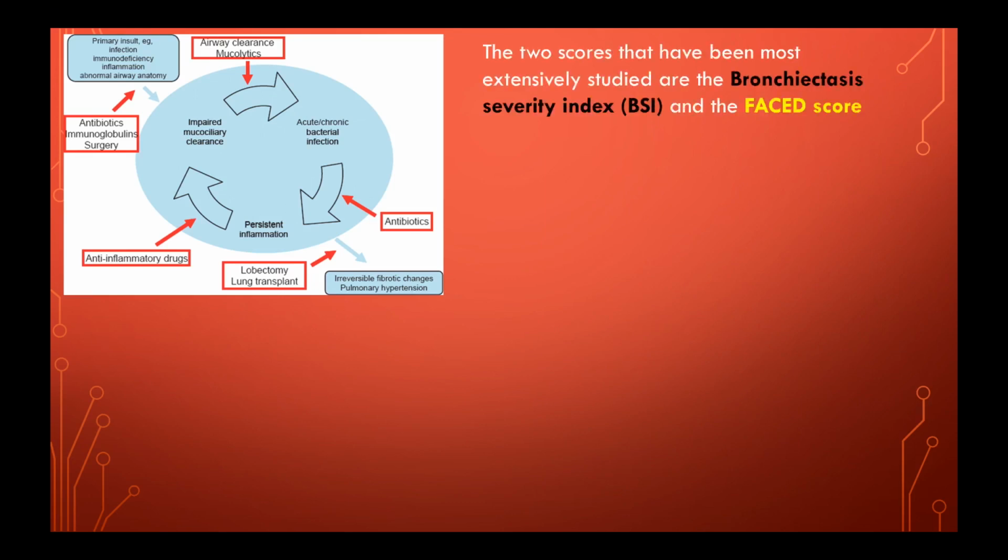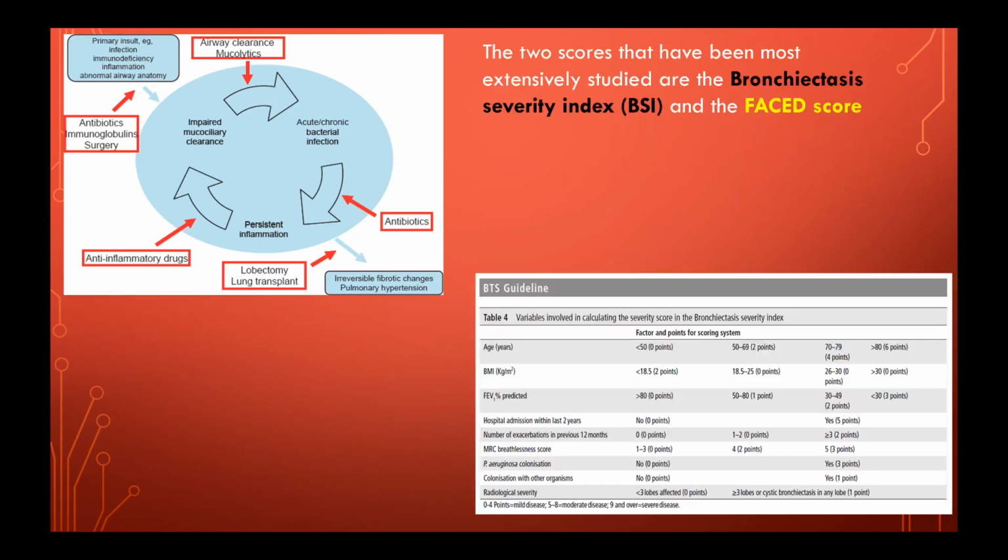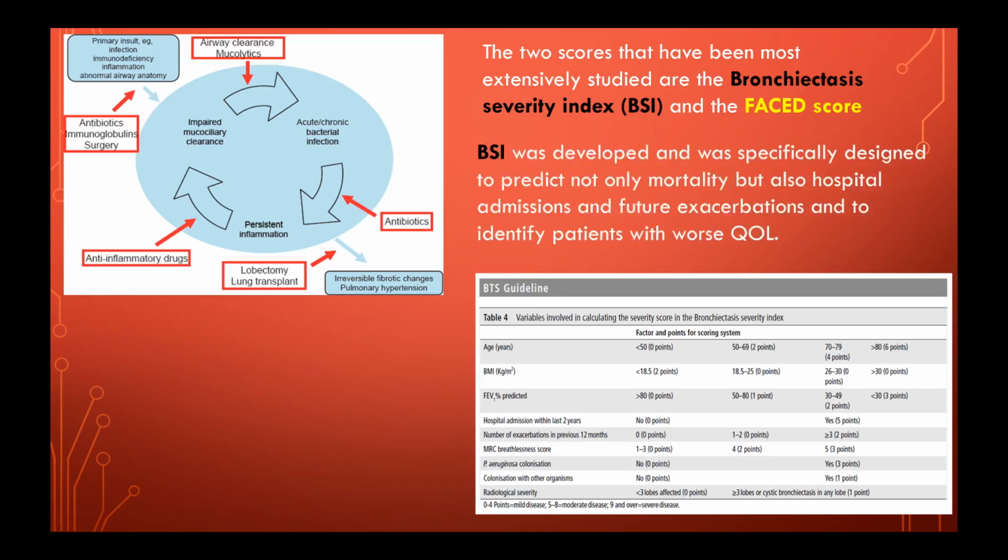So for that, we have two scoring systems to assess the severity. Bronchiectasis Severity Index, which has all these features which are used in your condition. There is a BSI that was developed specifically to predict the mortality and hospital admissions and also the quality of life afterward.